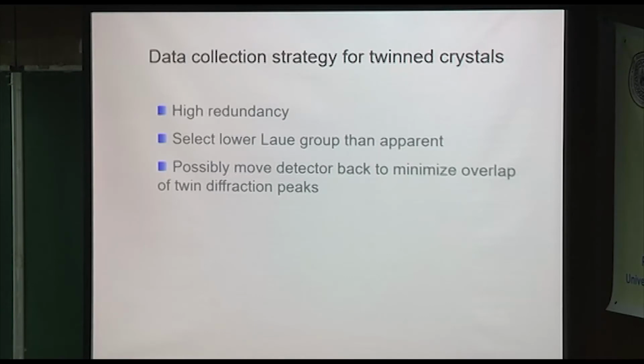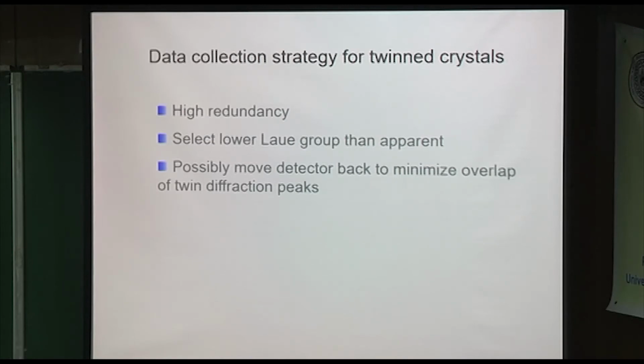Okay, so the strategy for data collection is high redundancy, as I spoke about before. So you may need to do some extra data collection. The third point is also important. If it seems like there's a lot of overlap in the spots, you can avoid some of that by moving the detector back to a longer distance away from the crystal. That spreads everything out more in reciprocal space, and it might be easier to reduce the data with the detector moved back and the spots further apart from each other.